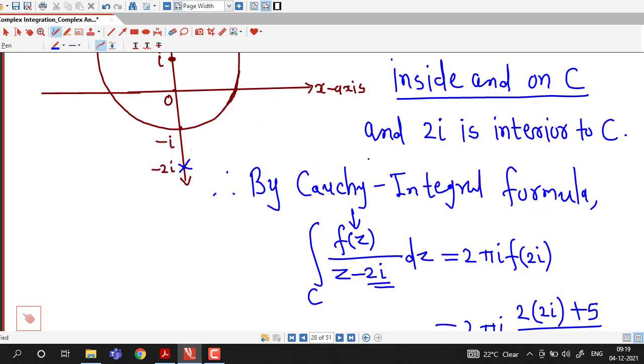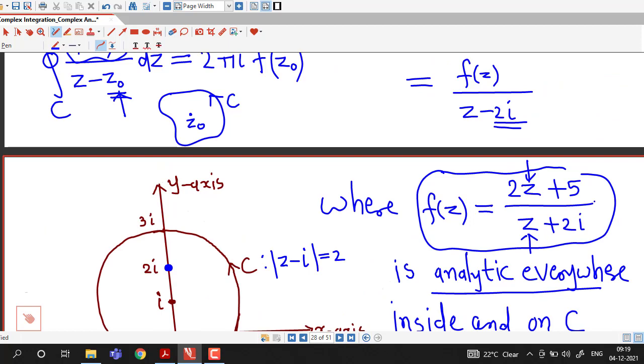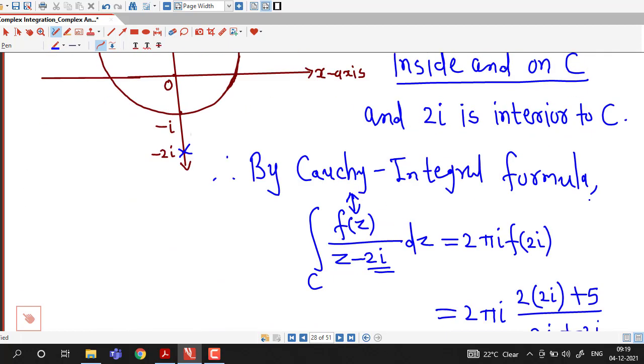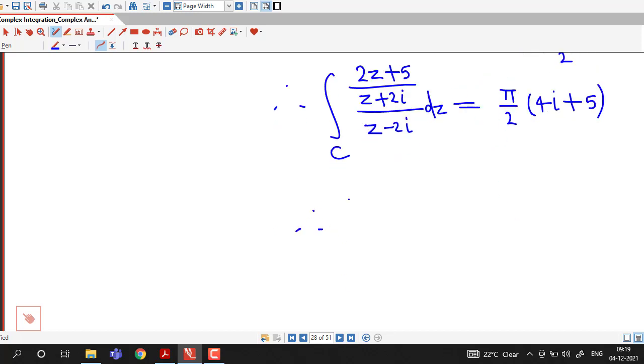Now we can substitute f(z) here. f(z) is (2z + 5)/(z + 2i), so f(z) divided by (z − 2i) gives (2z + 5) divided by (z + 2i)(z − 2i), and that was z² + 4.